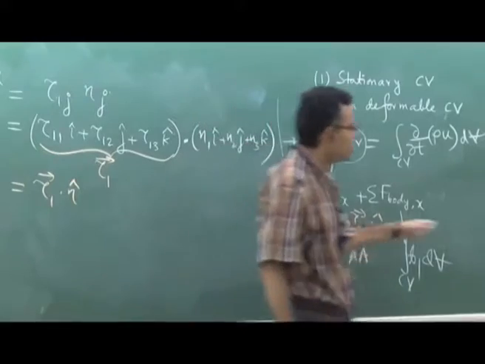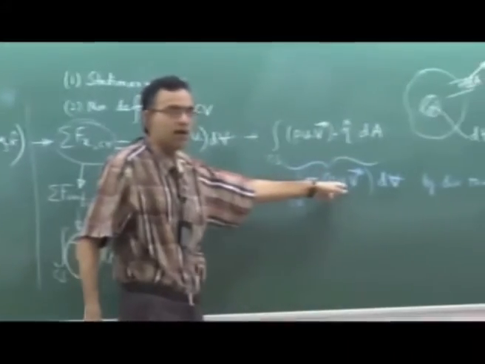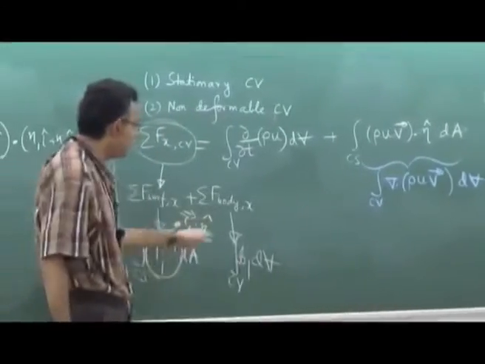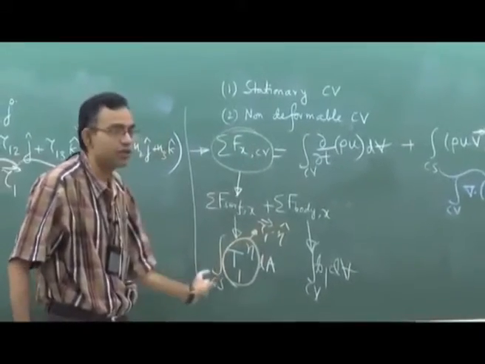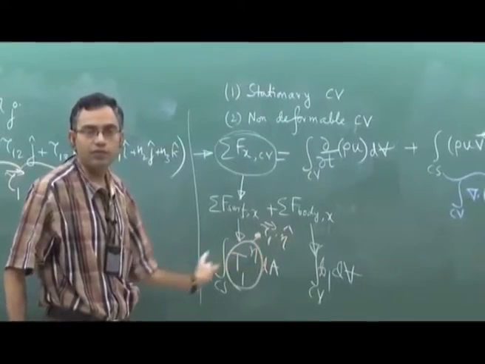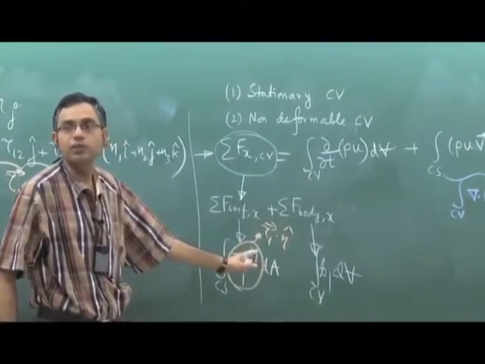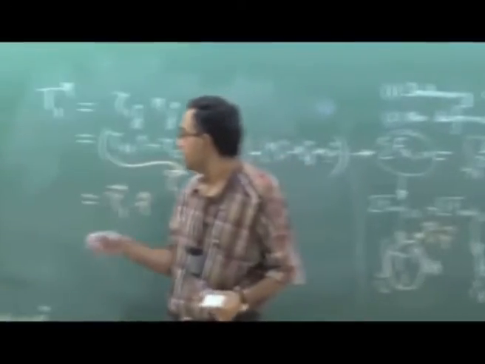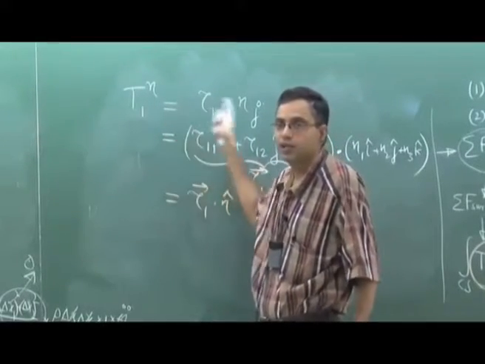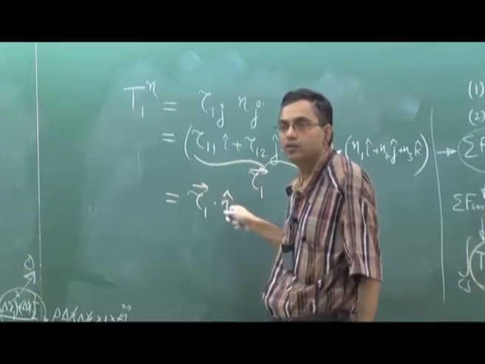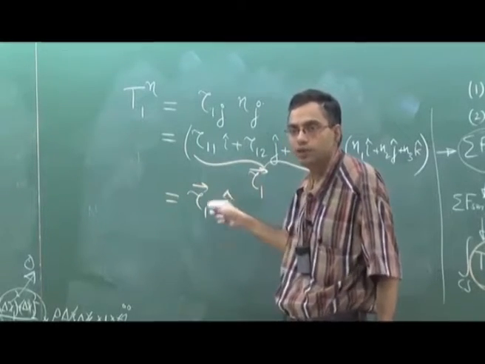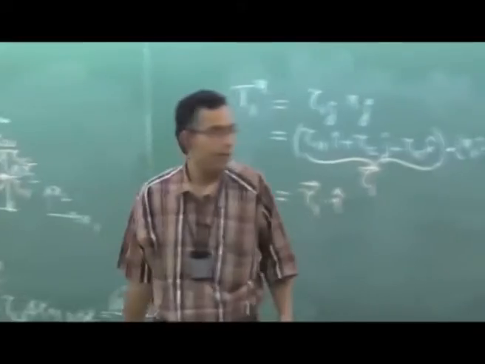So, if you see right hand side, both the terms are converted into volume integral, left hand side body force is automatically volume integral. So, only the surface force has to be converted into volume integral, and for that divergence theorem has to be used. That is why we have manipulated this in this way, so that it is expressed as a dot product, so that you can use the divergence theorem on this dot product. Okay.